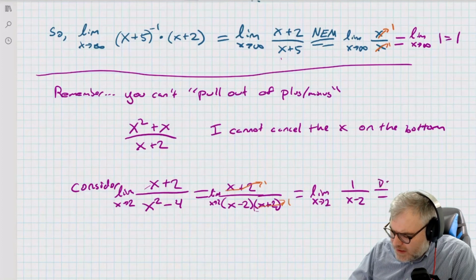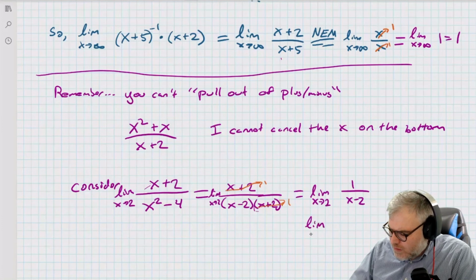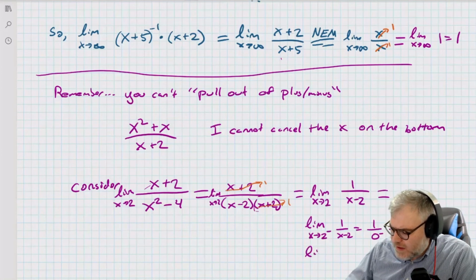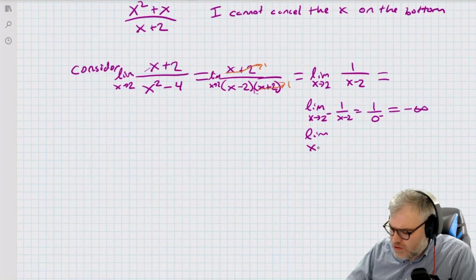And then I'll just sub it in. And I wind up with, this doesn't exist because this is going to go up 1 and this is going to go down 1. So the left bit is going to go to the limit as x goes to 2 from the left of 1 over x minus 2. So if I go from the left, this is going to be 1 over 0 minus, which equals negative infinity. And this is going to be the limit as x goes to 2 from the right.